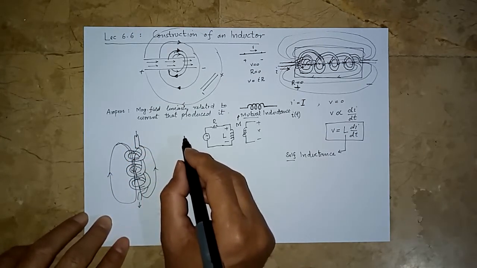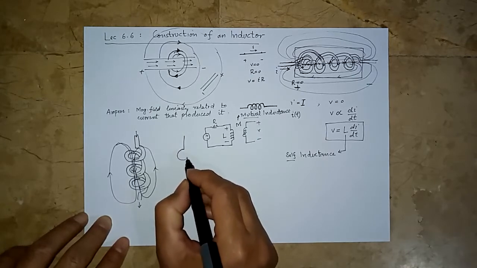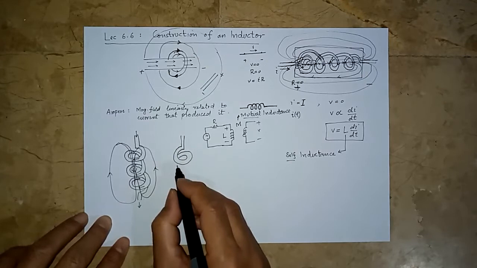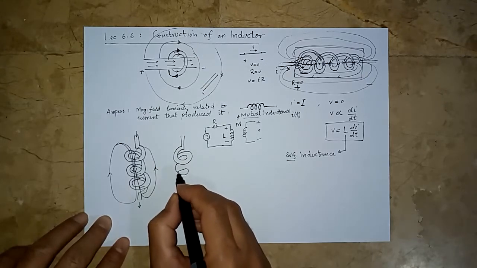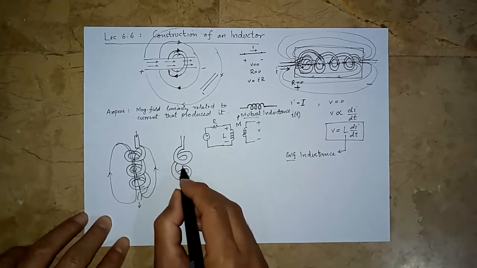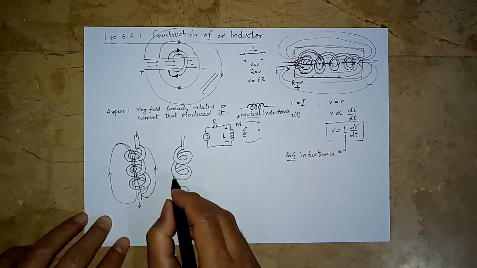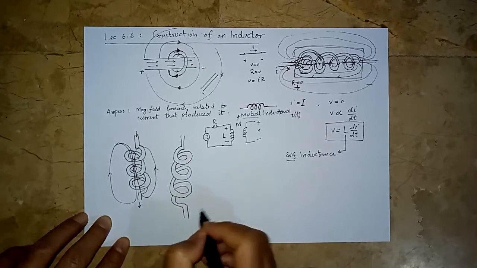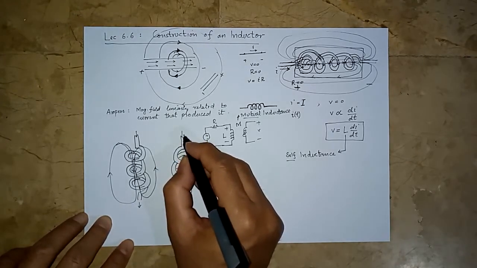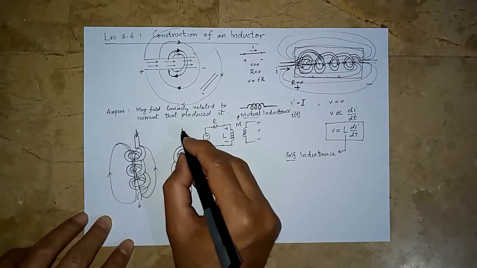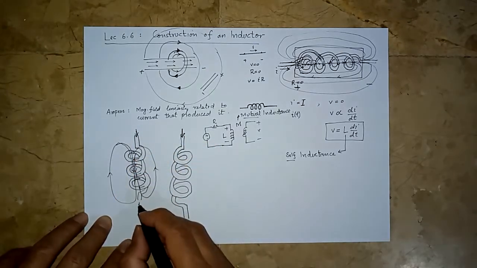But now look at this construction. It is still the same conductor, but now the conductor is coiled in another direction. So you can see it is still a downward current.